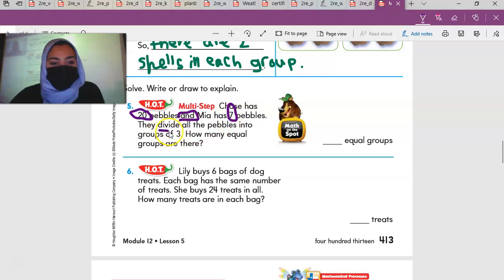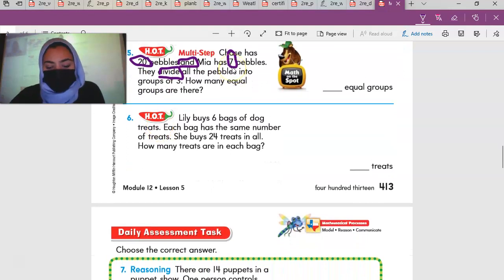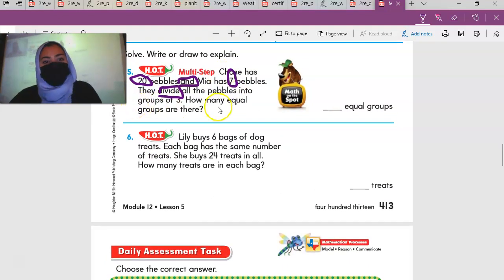They divide, that's a very important word, definitely box that. They divide all the pebbles into equal groups of 3. So into what? Equal groups of 3. Or into groups of 3. How many equal groups are there?